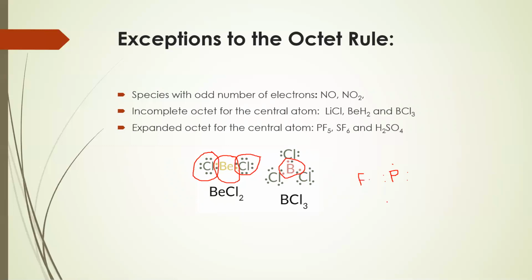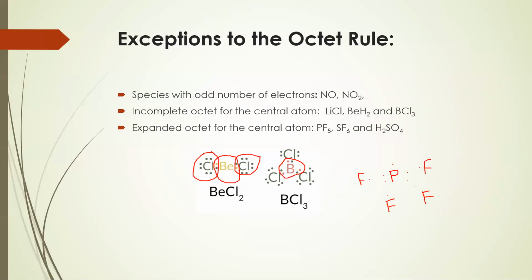Each F will share 1 electron with phosphorus so that it can attain a stable electronic configuration.